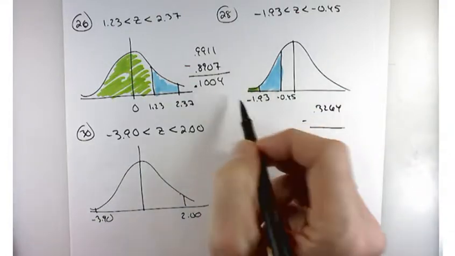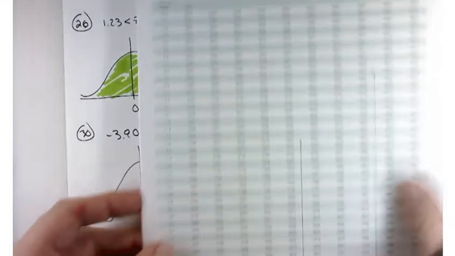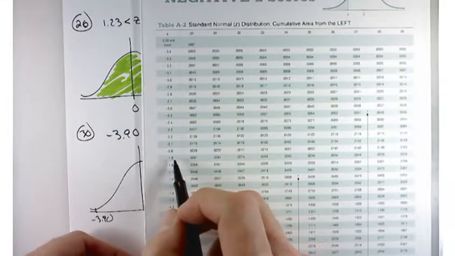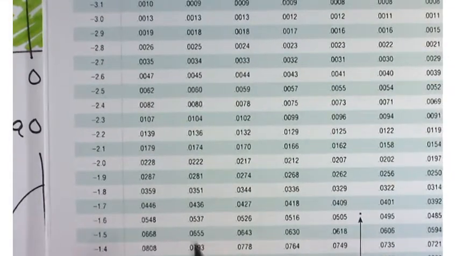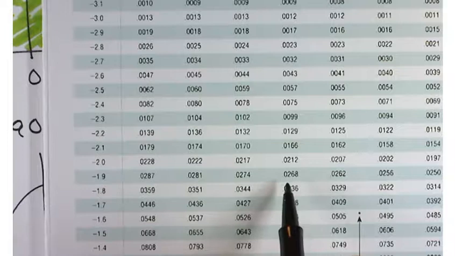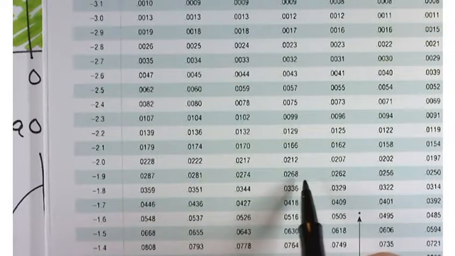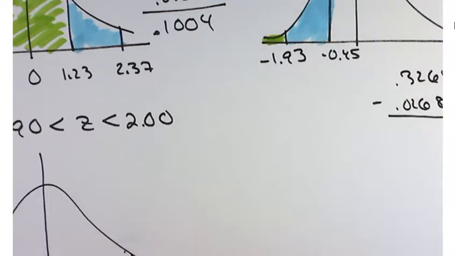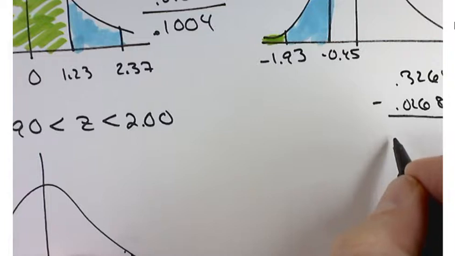Minus the area to the left of negative 1.93, so negative 1.9, that's down here, and then across to the right until you're underneath the 0.03, so 0.0268. We subtract, it's 0.2996.